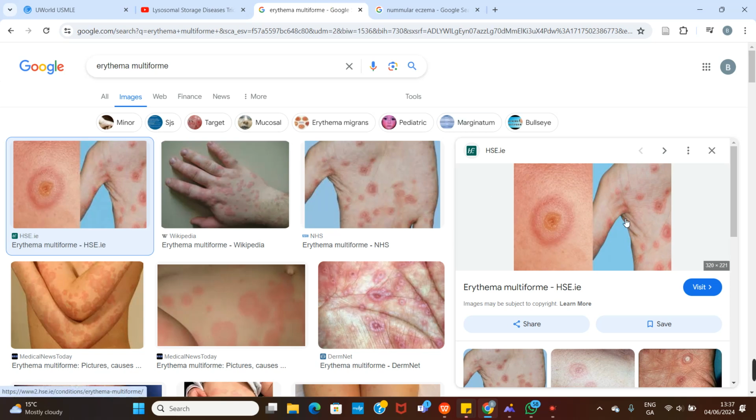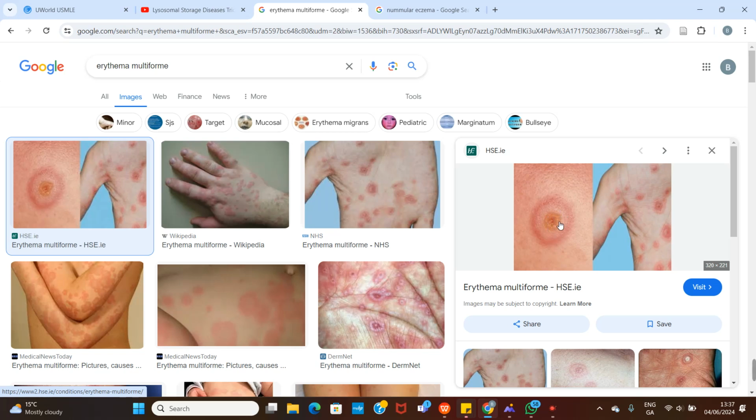So this is the classic lesion. This is a classic targetoid lesion. And the way this lesion exists is that you are going to see an outer erythematous ring, a middle pale edematous layer, and an innermost layer of blister. But most of these blisters will rupture and form erosions.